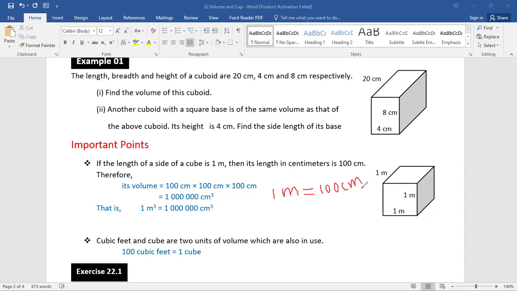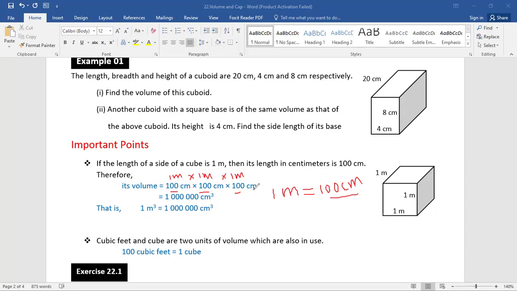So we can write down the volume of this cube by this: 100 centimeter times 100 centimeter times 100 centimeter. That means 1 meter times 1 meter times 1 meter. 1 meter equals 100 centimeters, so 100 centimeter times 100 centimeter times 100 centimeter.